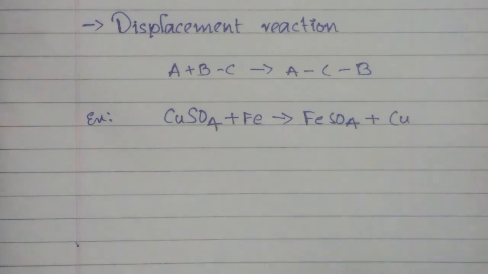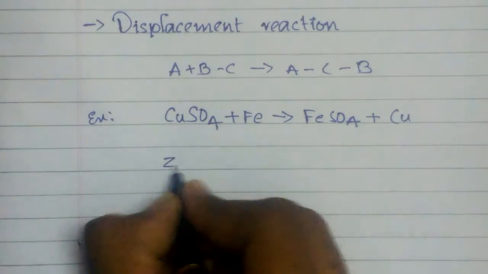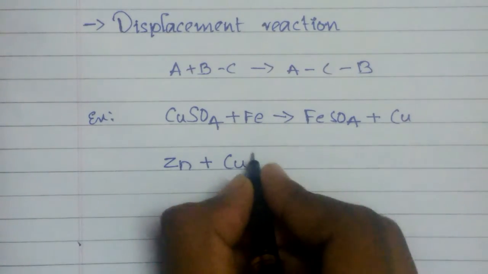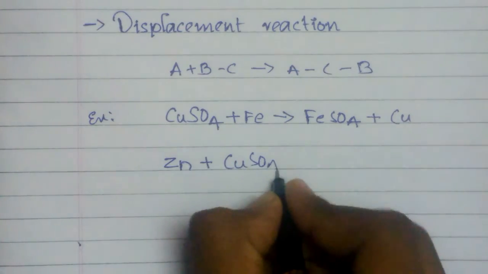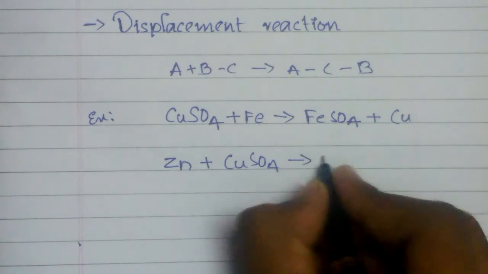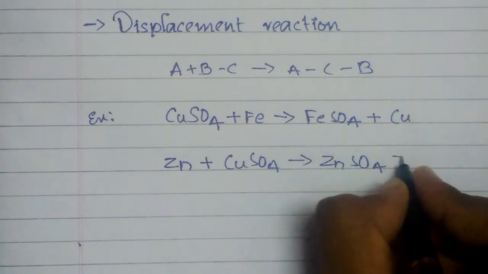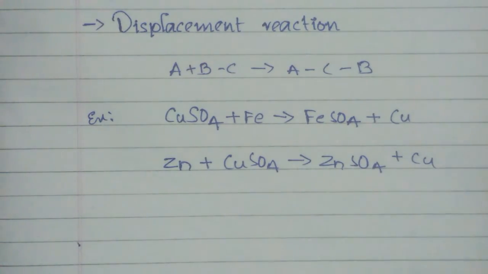And next, one more example for this is Zn plus CuSO4 gives ZnSO4 plus Cu.